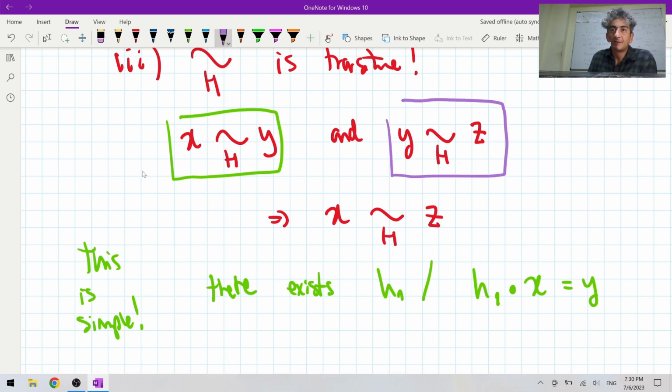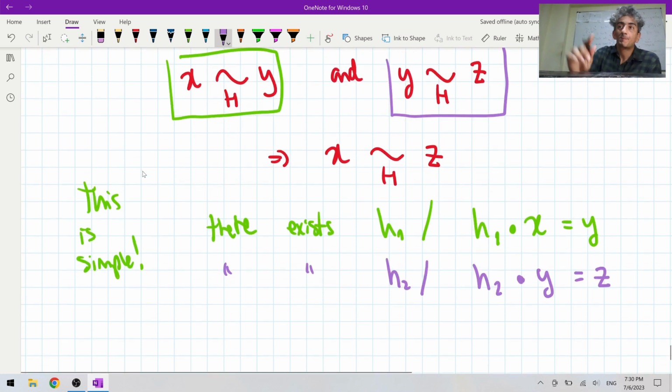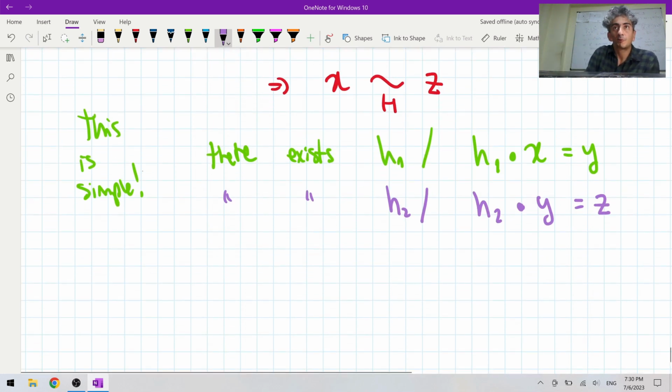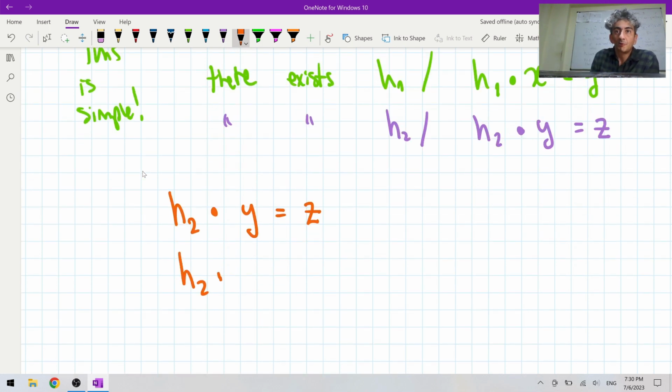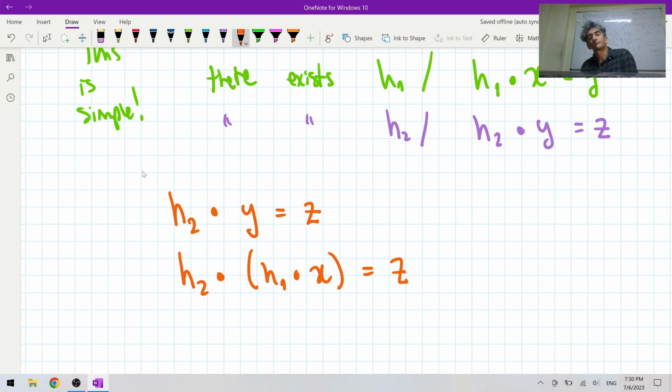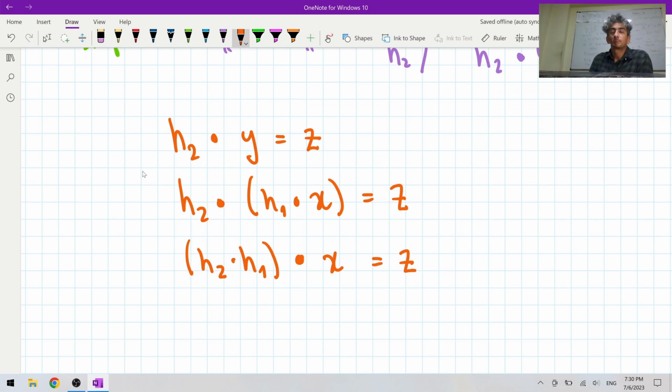This means that there exists H2 such that H2 acting on Y gives Z. And this is easy now, because H2 acting on Y returns Z, and now we can write H2 acting on H1 acting on X. And this is simply H2 times H1 acting on X, and this is Z. Okay, so here we have it.